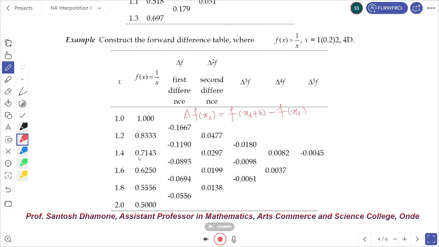Similarly, subtract 0.7143 from 0.6250 we get minus 0.0893. Like this we get the differences as minus 0.0694, minus 0.0556.